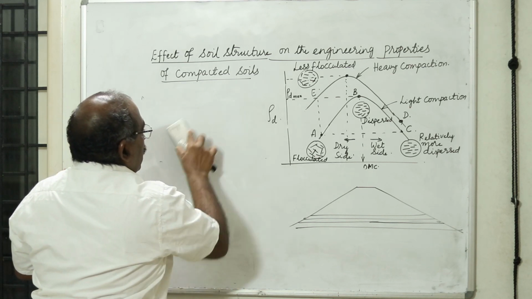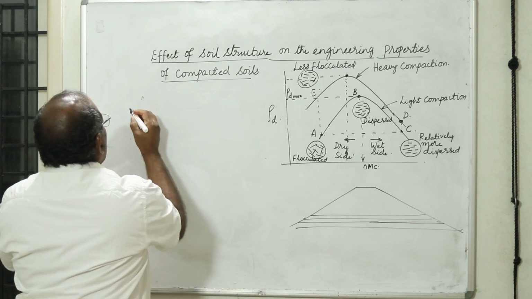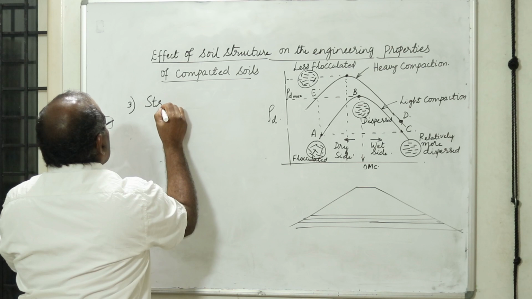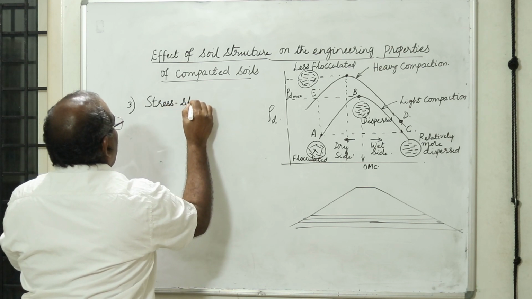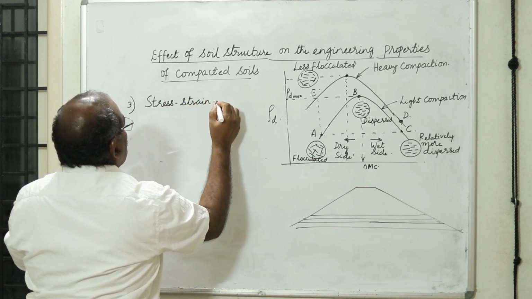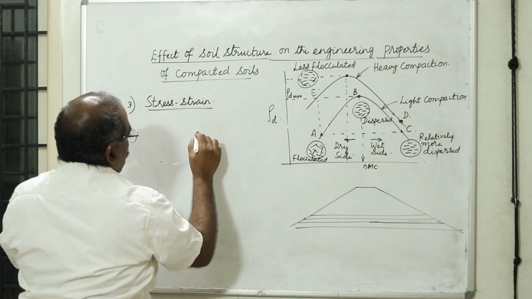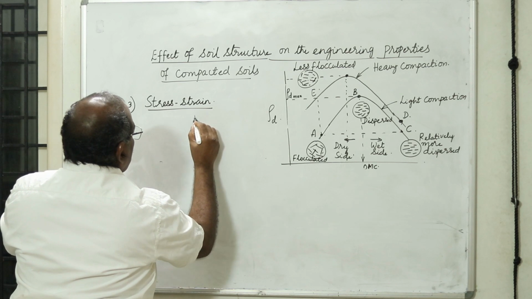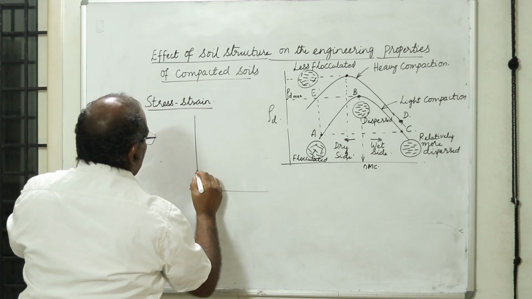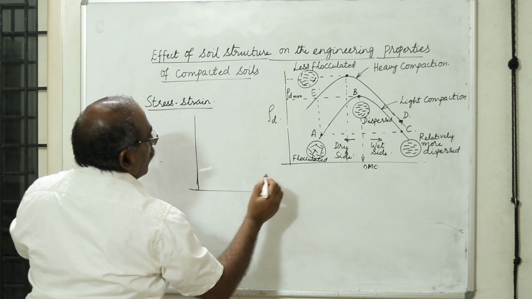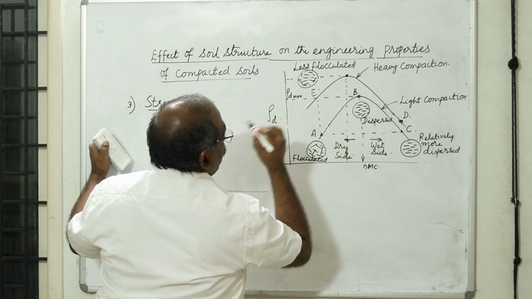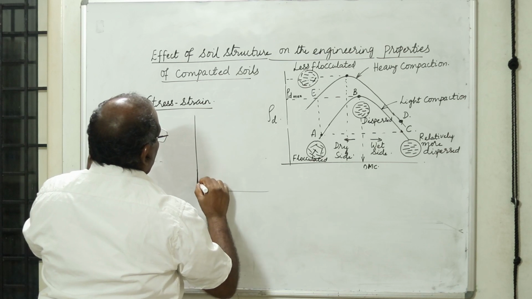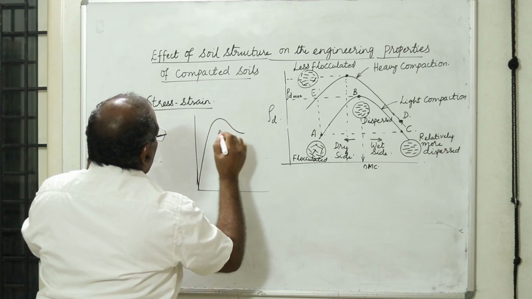Now let us try to see what happens to the stress strain characteristics, the stress strain behavior. If I try to take a sample compacted slightly dry of optimum, and I try to see how it looks, and if it is wet of optimum.